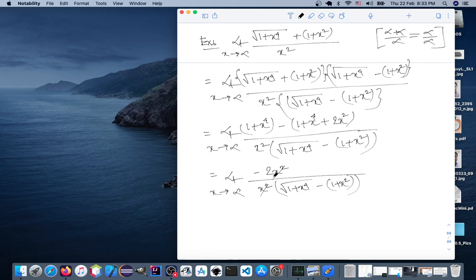X square gets cancelled. We are left with this, and in the denominator, we are having the form infinity minus infinity.